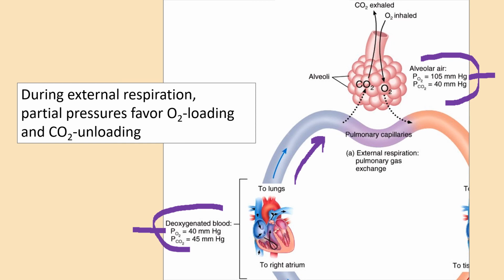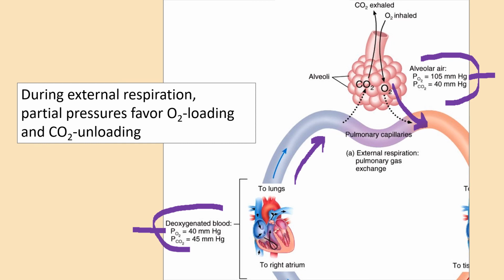So you can see the diffusion gradients here. Oxygen's going to move by diffusion from an area of high partial pressure to an area of low partial pressure. And so this partial pressure gradient favors oxygen loading as oxygen moves from a region that has 105 to a region that starts off with 40 millimeters of mercury.